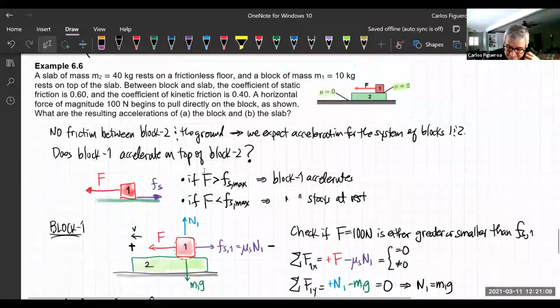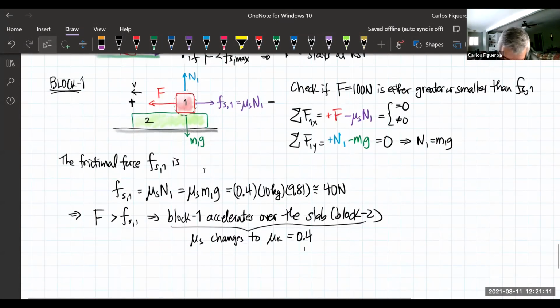I screwed up. This thing should have been 0.6. So this guy should have been around 60. But 60 is still less than 100, right? This is 100 newtons. This is around 60. So it is greater than that. Okay, sorry for the numerical errors today. So now we know that it's sliding.